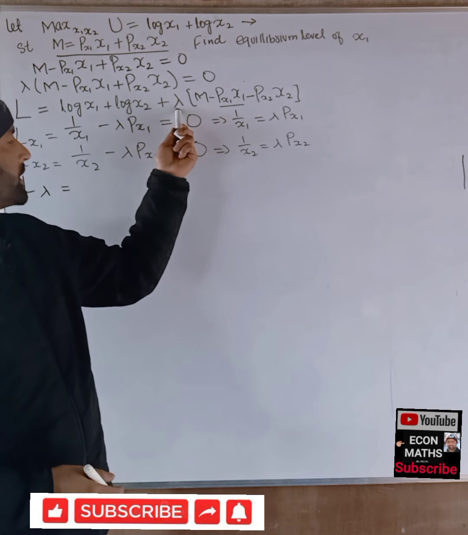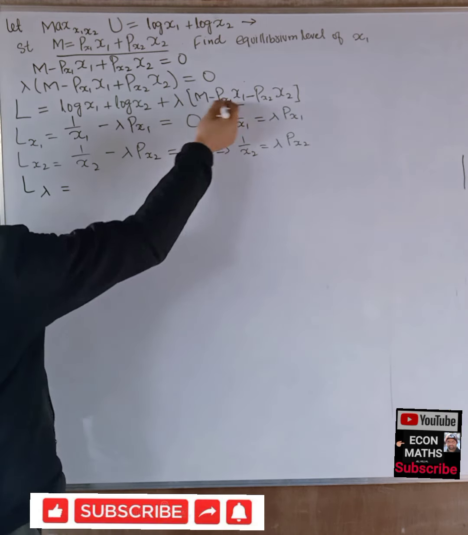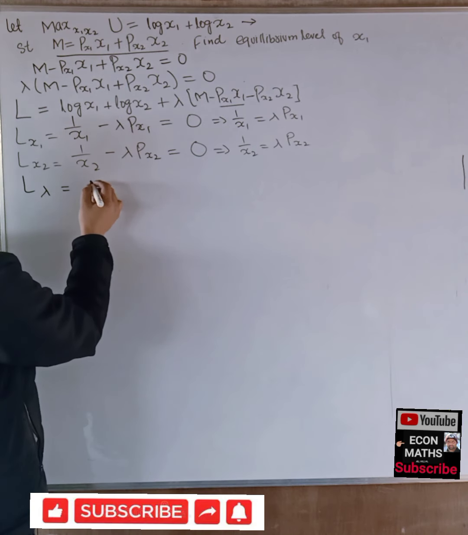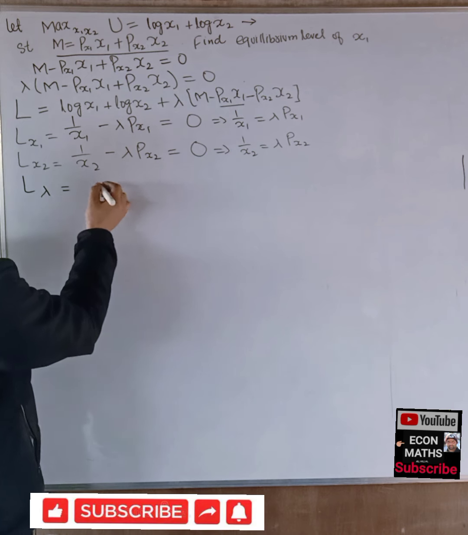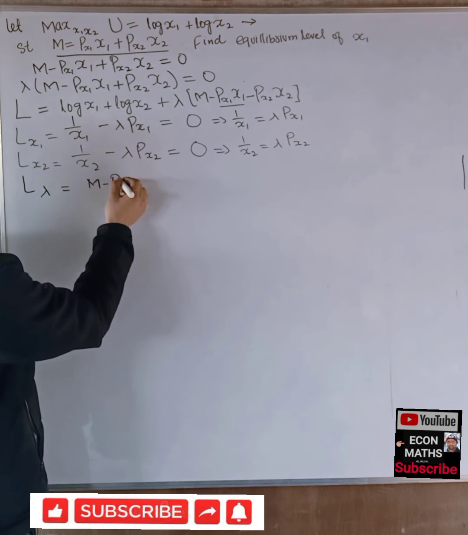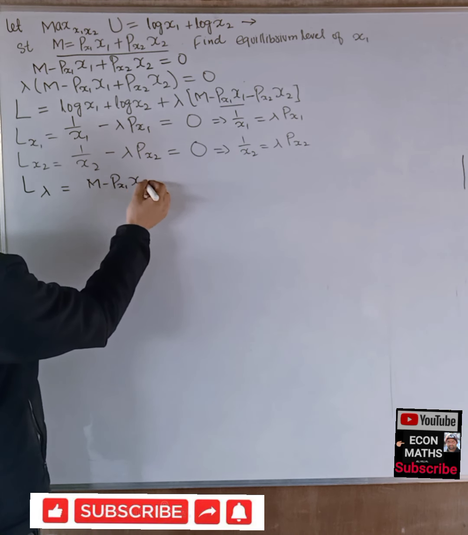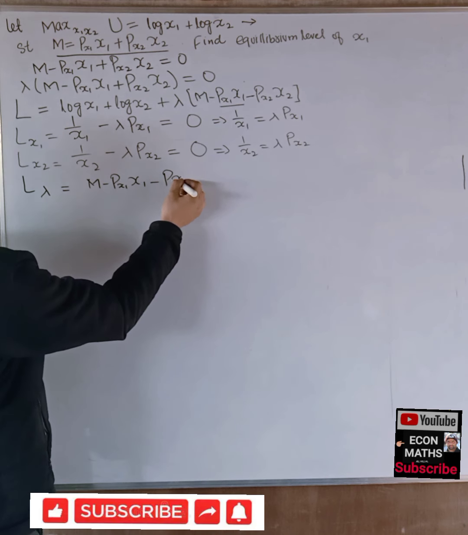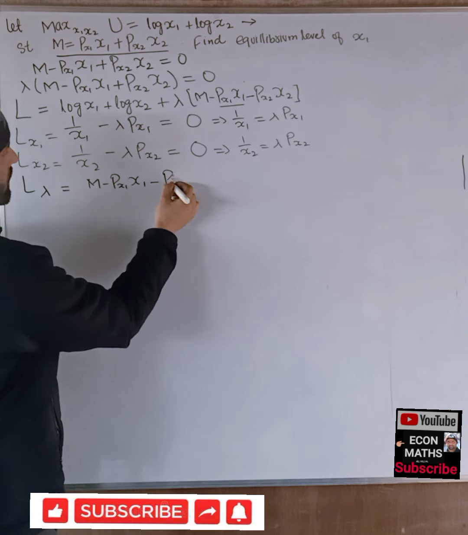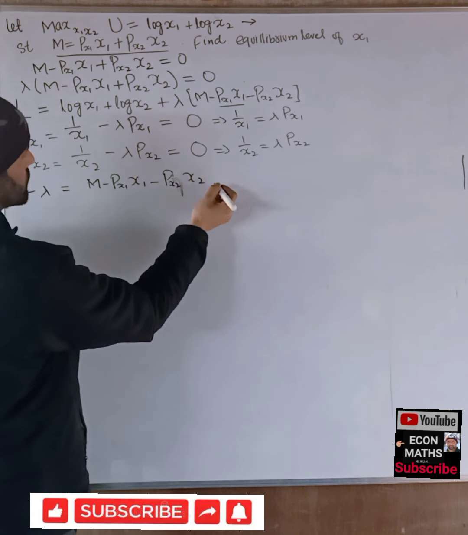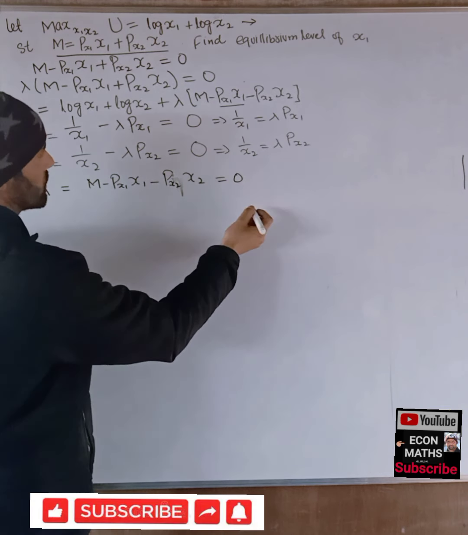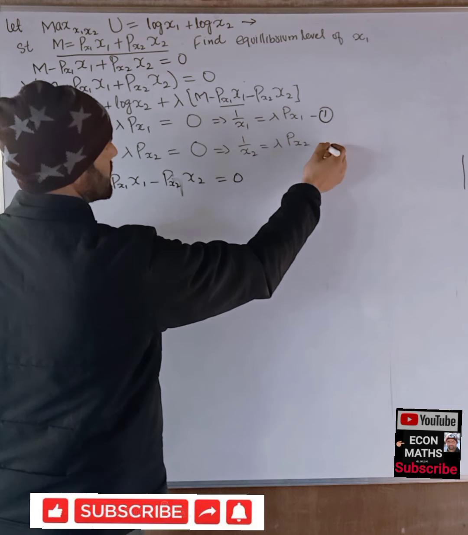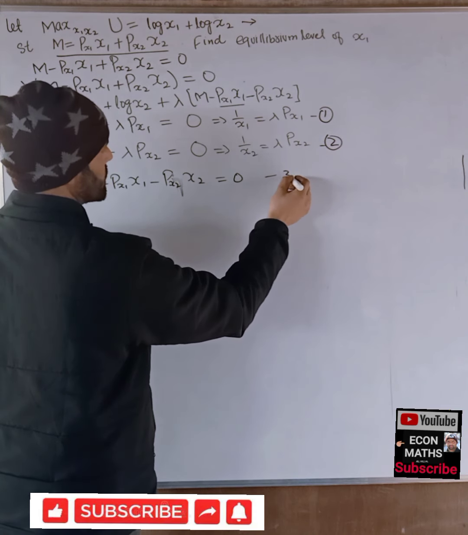Here the derivative of lambda is 1, so we get m minus p x1 times x1 minus p x2 times x2, and set it also equal to 0. Let this be equation first, let this be equation second, and let this be equation third.